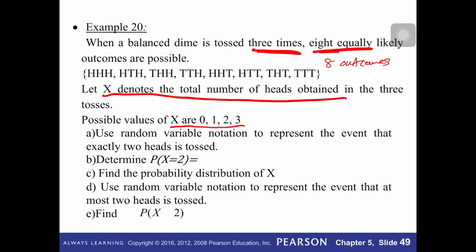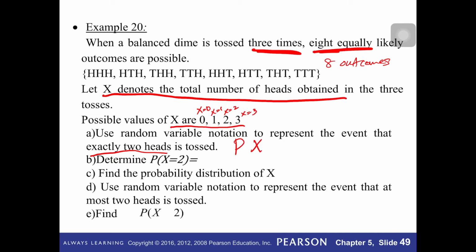So, use random variable notation to represent the event that exactly 2 heads is tossed. So, probability of x, what should be the value? Exactly 2 heads. The x values are x equals 0, x equals 1, x equals 2, x equals 3.